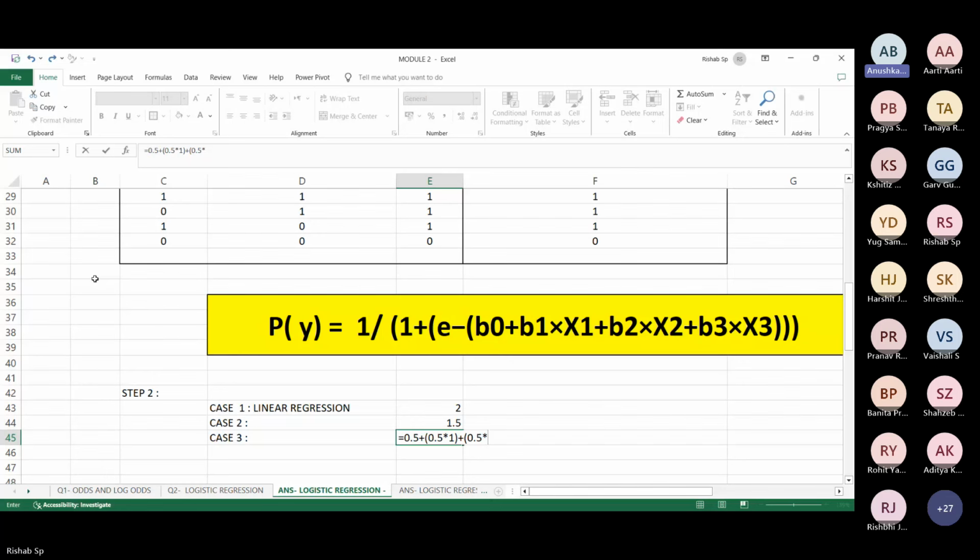In the exam, the table can be given in yes and no, or success or failure. You can convert that into the 1 or 0 format. So it will always be these 2 types only. 0.5 into 0 into 1.